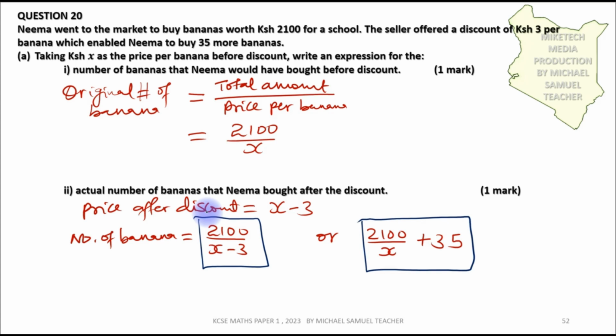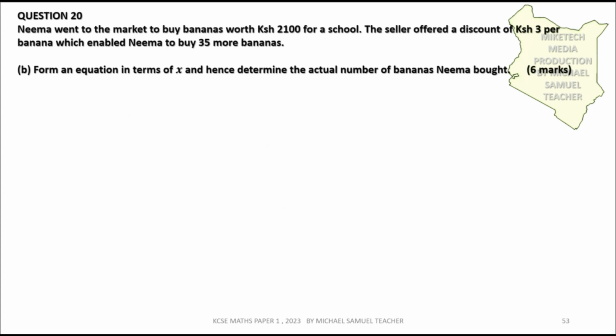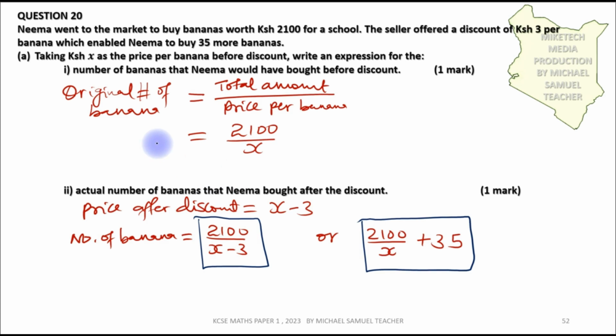We can move on to part B of the question. Form an equation in terms of X and hence determine the actual number of bananas Nema bought. So we need to remember what we have done in part A, Roman 1 and 2. The original number of bananas is 2100 over X, and the actual number of bananas after discount is this amount, and this is what we are going to use in our second calculation.